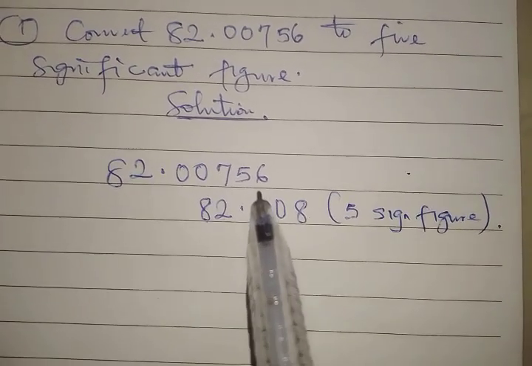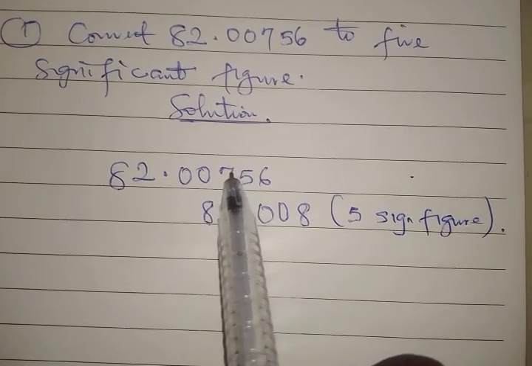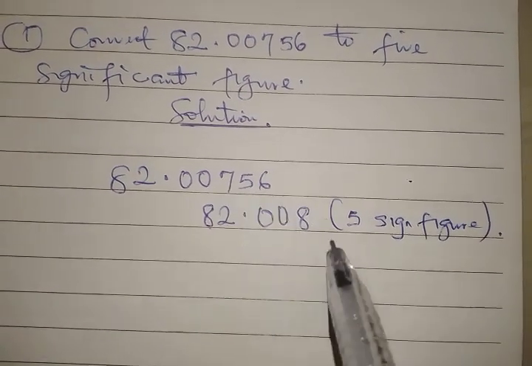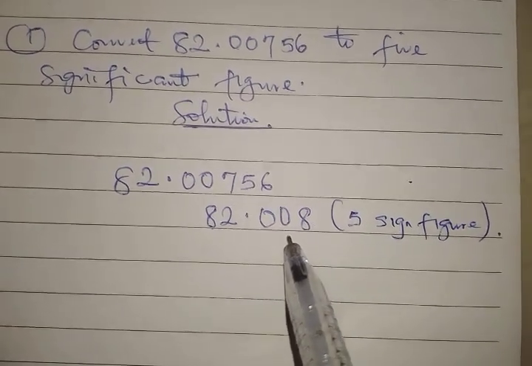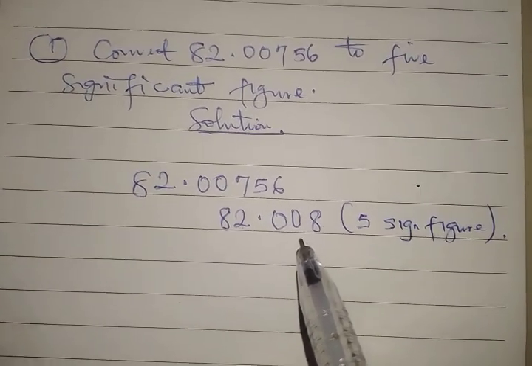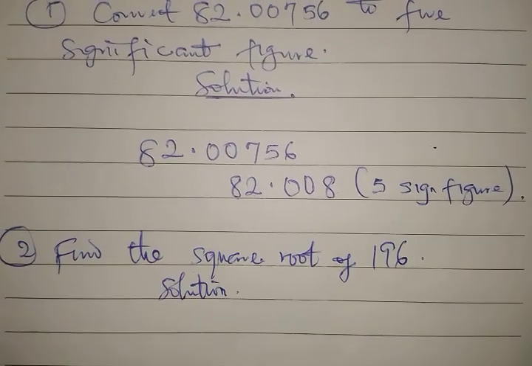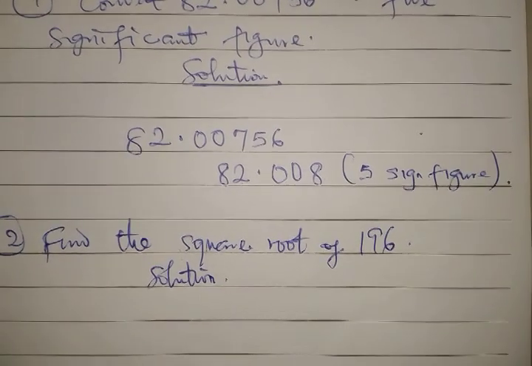If the number after 7 is 5 and above, it will be converted to 0 and you add 1 to 7 here to make it 8. And that was what we did here, and that was why we got our final answer to be 82.008.